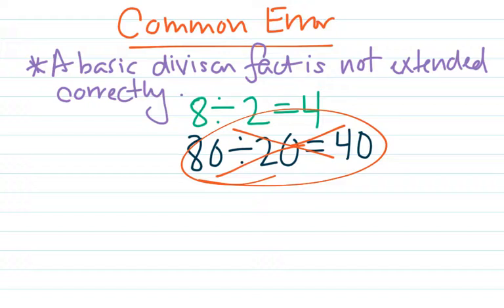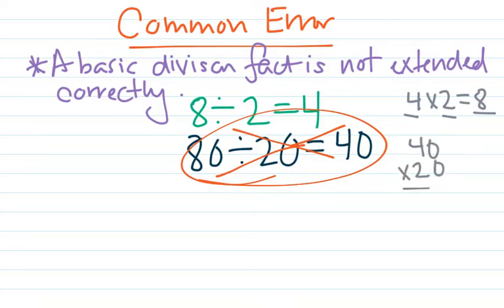So if we look at the first one, we can say 4 times 2. Is that indeed 8? Yes. We took the quotient, we multiplied it by the divisor, and we got the dividend. So let's check for the second problem here. 40 times 20. Does that equal 80? Well, let's look here. 40 times 20 does not equal 80, boys and girls. It actually equals 800.